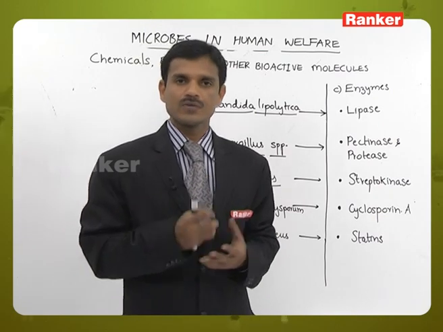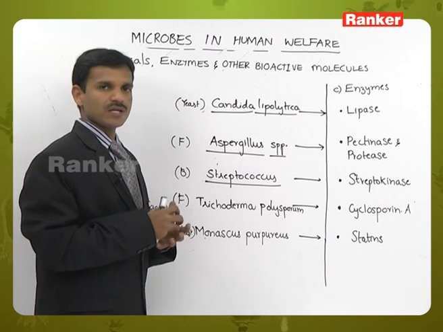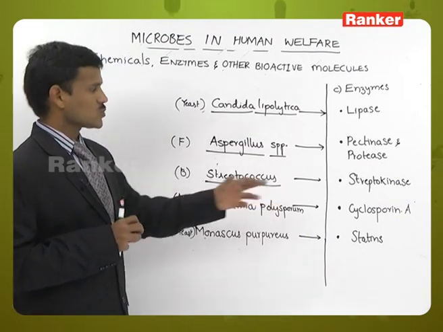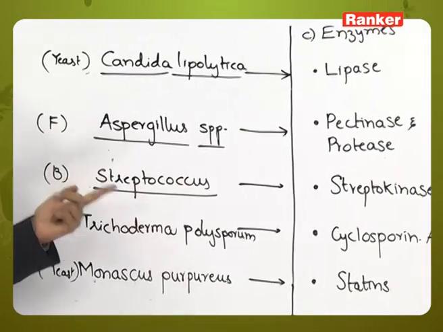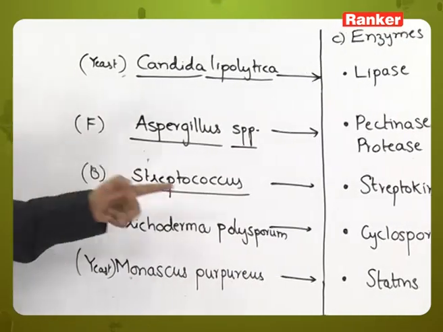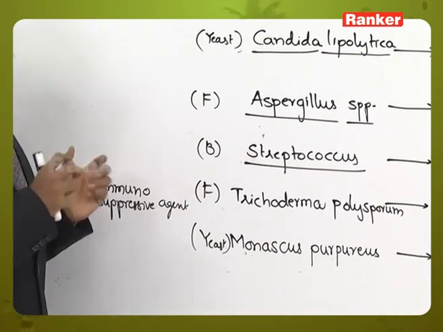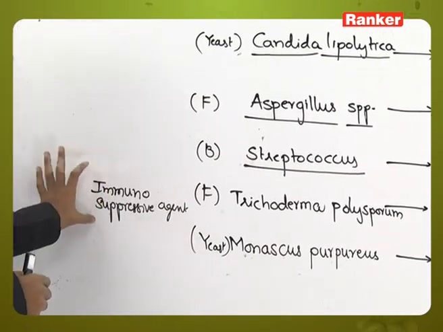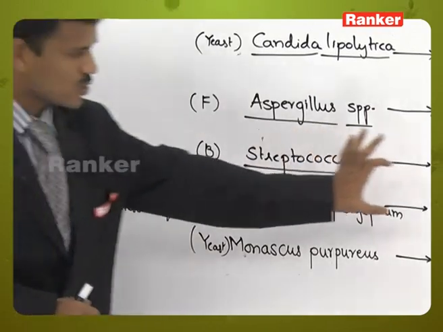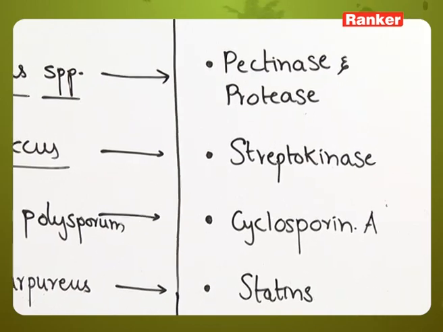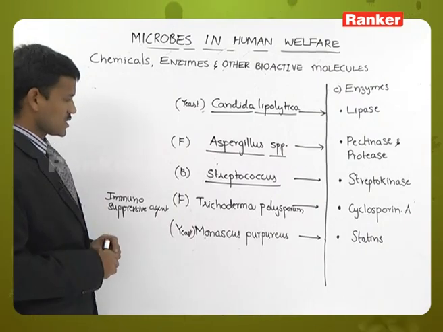That is why, before or after the transplantation, cyclosporin A is given. In organ transplantation patients, cyclosporin A suppresses the immune system for some time. So, this bioactive molecule is used as an immunosuppressive agent.